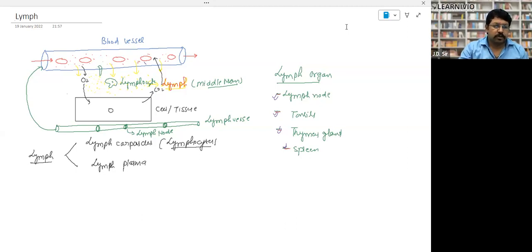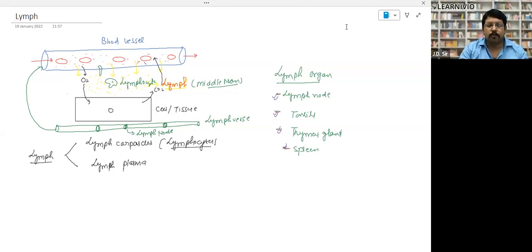Look, this is the blood vessel. In the blood vessel, the blood keeps on flowing. But the blood vessels are made up of muscles like involuntary muscles and epithelial membrane, so their walls are not perfectly impermeable. There are some gaps, some pores.